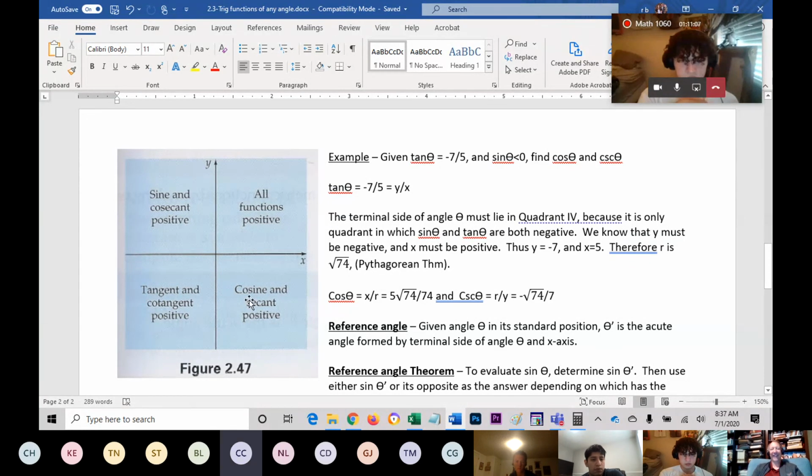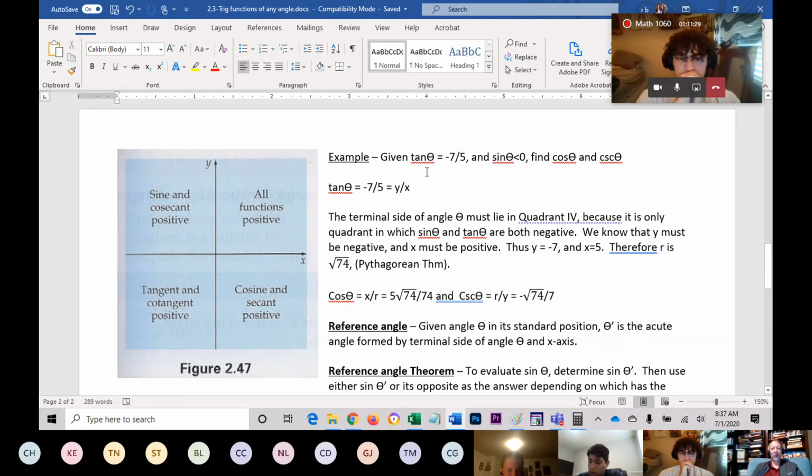So that's kind of your little thing to remember. So A for all, everything's going to be positive in quadrant 1. Sine is going to be positive in quadrant 2. Tangent's going to be positive in quadrant 3. And cosine is going to be positive in quadrant 4. Okay, does that make sense?